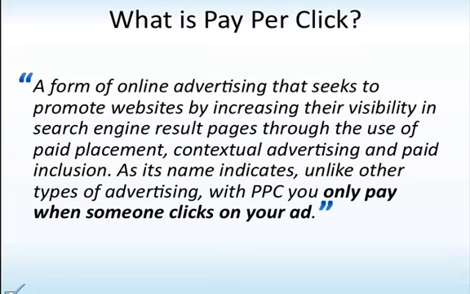Here's the definition from Wikipedia, but to paraphrase a little bit, it's the form of online advertising that allows you to promote your brand, your product, your service, your website within search engine result pages, such as Google, Yahoo, Bing, etc. And as its name indicates, unlike other forms of advertising where you pay for your number of impressions, here you only pay when somebody actually clicks on your ad. So that's a big difference.